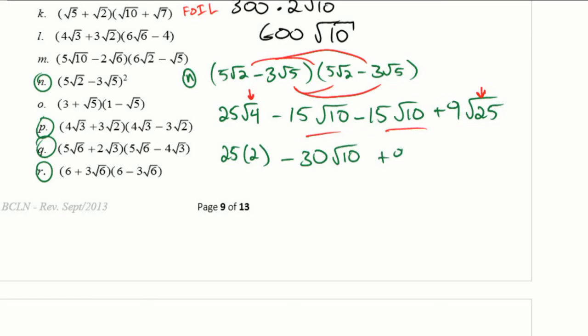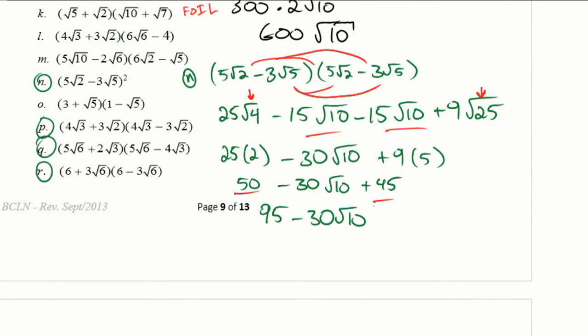And then 9 times the square root of 25, which is 5. So 50 minus 30 root 10, and 9 times 5 is 45. Combine my like terms again, the 50 and the 45 gives me 95 minus 30 root 10. So a few steps there.